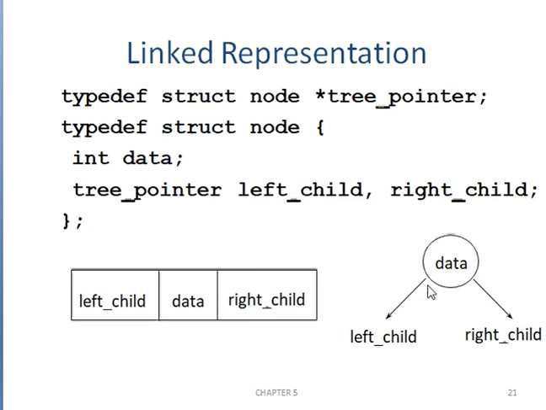This node in turn points to some other node. So this left child should be a pointer type, which can point to a binary tree node. Rather than calling it a simple node, we call this a binary tree node. Similarly, the right child is also a pointer which points to some other node.